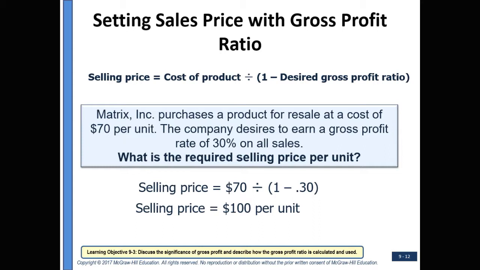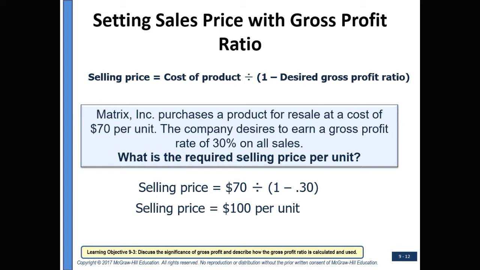Now, the question you would have at this exact point is, can you actually sell this particular item at $100 per unit? If you cannot, then you may have to go back to your gross profit ratio and what your desired gross profit ratio is and see what there is that you can do to change that.